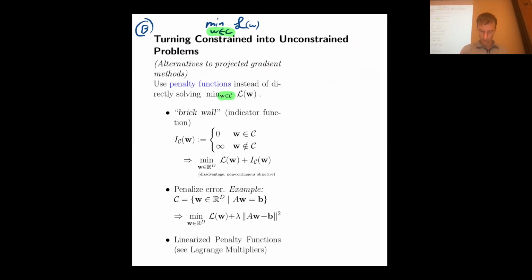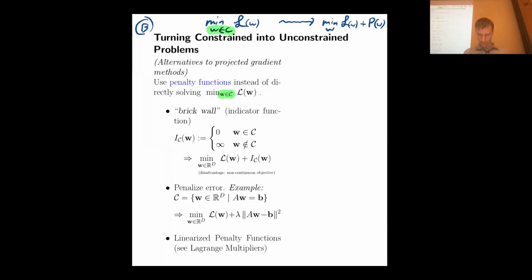And that you don't like, so you try to find some interesting way to instead solve what we call a penalized problem, which has no constraint on W, but some kind of penalty function of W, which you add, which tells you that if you're actually outside the set, you have to pay. And how much you pay is a bit up to you as the designer of this alternative variant. So that's the idea.